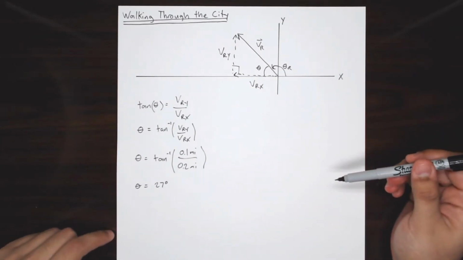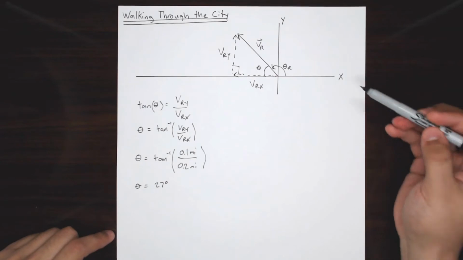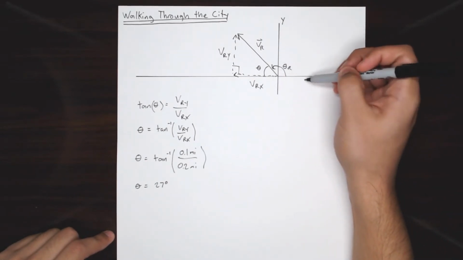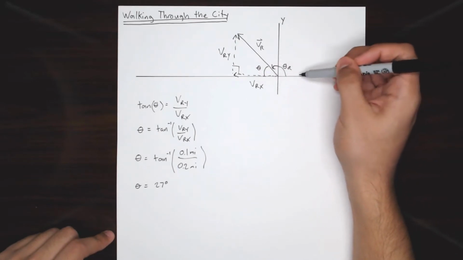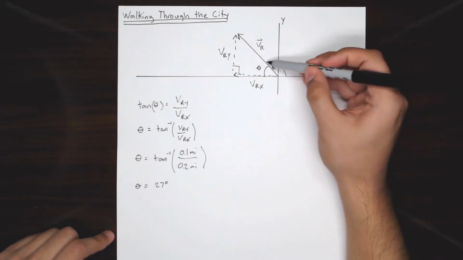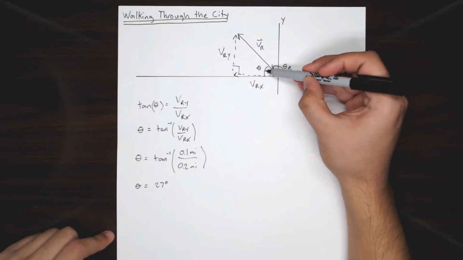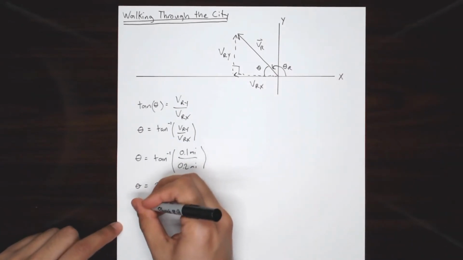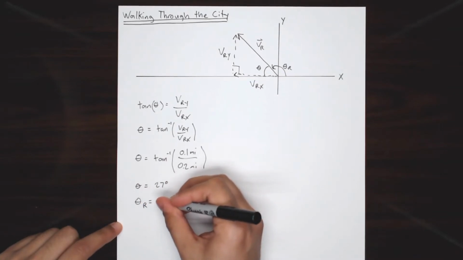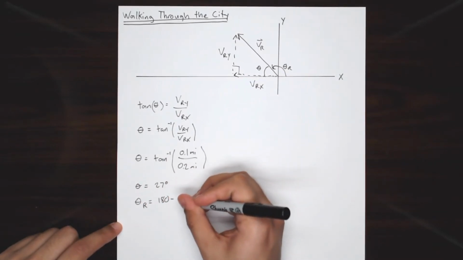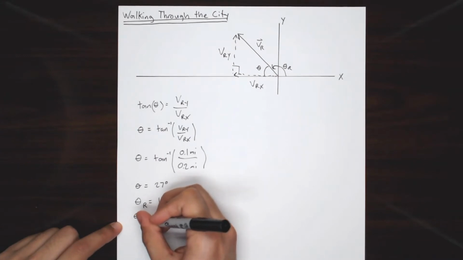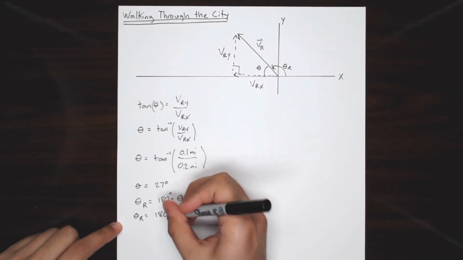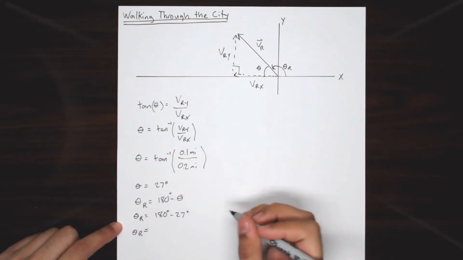But that's not our final answer, because remember, we're using this convention of giving all direction angles from the positive x-axis. So if we have this angle here is 27 and we want this one, we remember that the whole half of this xy plane is 180 degrees. So if we do 180 minus this 27, we'll get the theta r, which is the one that we want. So let's just write that here. Theta r is equal to 180 minus theta. So theta r is equal to 180 minus 27, and these are all in degrees.